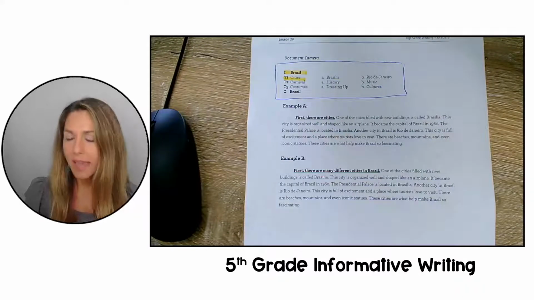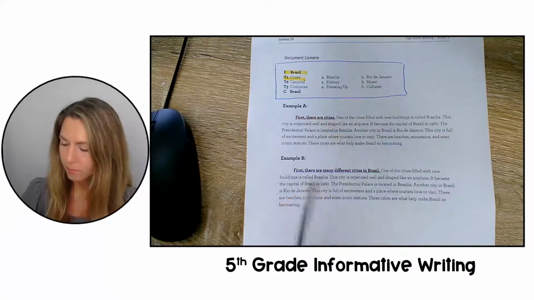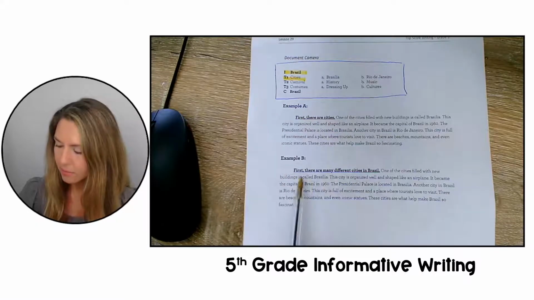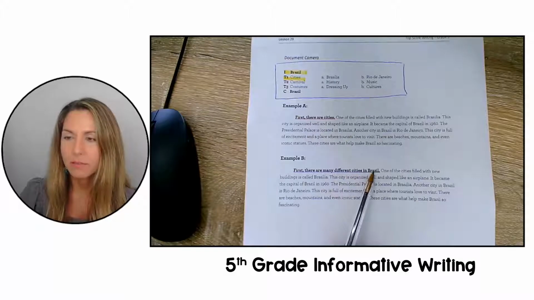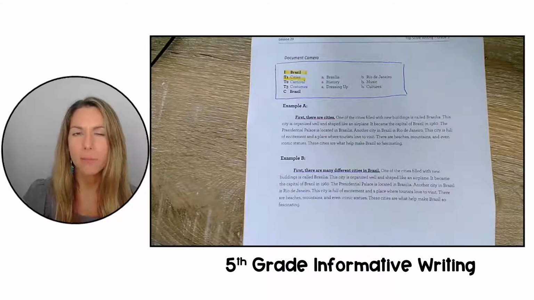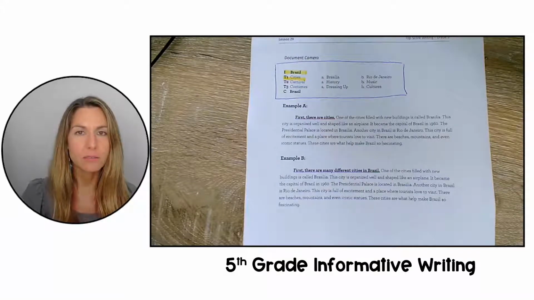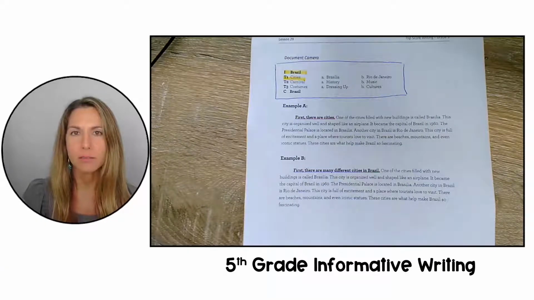Now example A says, first, there are cities. Example B says, first, there are many different cities in Brazil. Which one do you think is a better topic sentence? First, there are cities, or first, there are many different cities in Brazil.